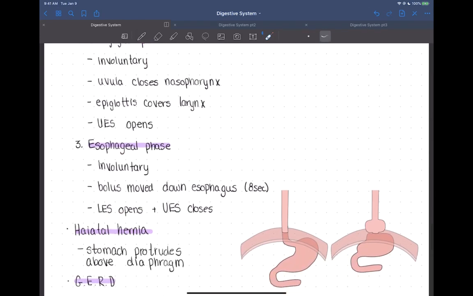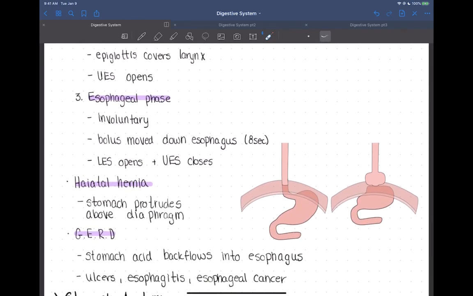Okay, and then our last phase for swallowing is the esophageal phase. So this is where that bolus is moving through the esophagus. This is involuntary, and the bolus moves through the esophagus in about 8 seconds. It's very, very quick. All right, and so during this phase, that lower esophageal sphincter between the esophagus and the stomach is going to open, and the upper esophageal sphincter is going to close.